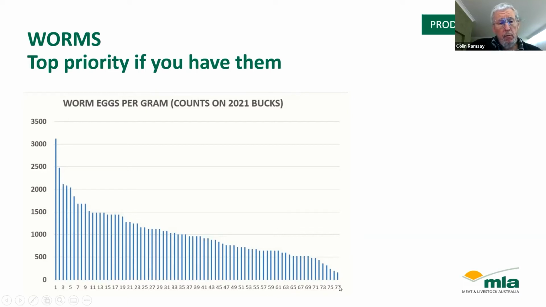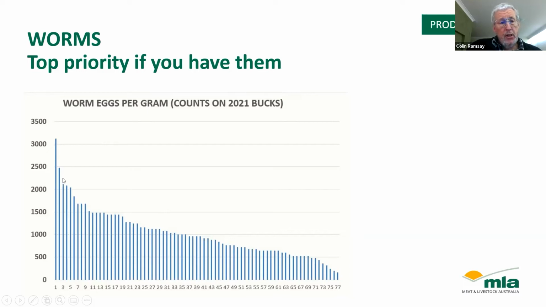This is 120 young billies, all run together identically in the same mob, all pretty much the same age, the same environment. This one here was carrying 3,000 eggs per gram and shedding that to poison all the other animals on the farm.